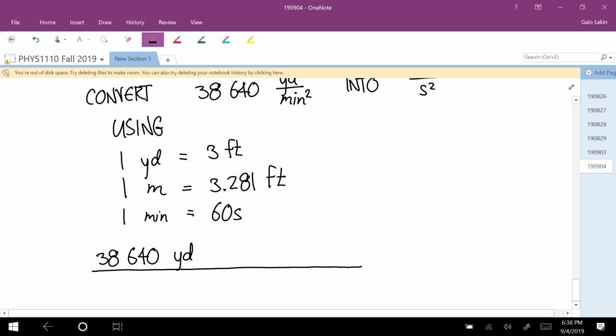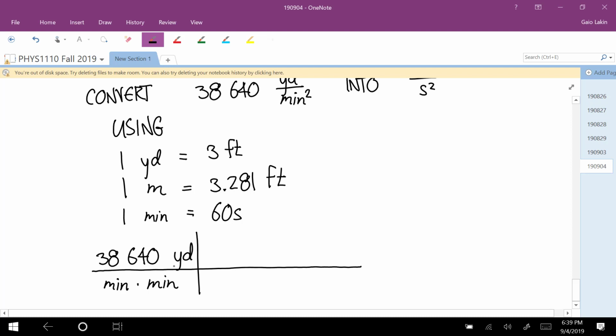And then in the denominator, we have minutes times minutes. If you have any questions, feel free to ask anytime. So I'm going to first convert yards to feet and then feet to meters.